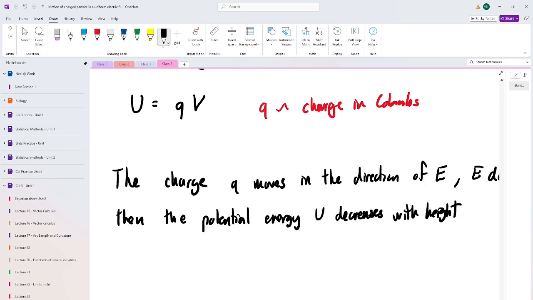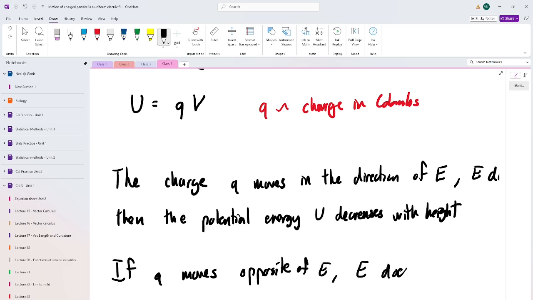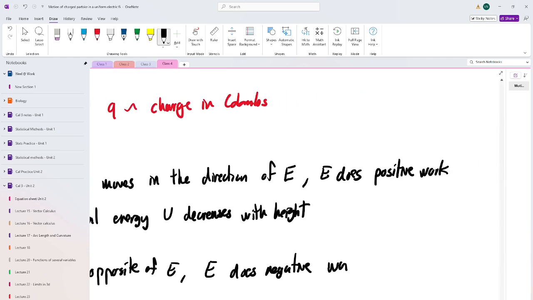And then if we have the opposite scenario, if Q moves opposite of E, then E is doing negative work and U is increasing.